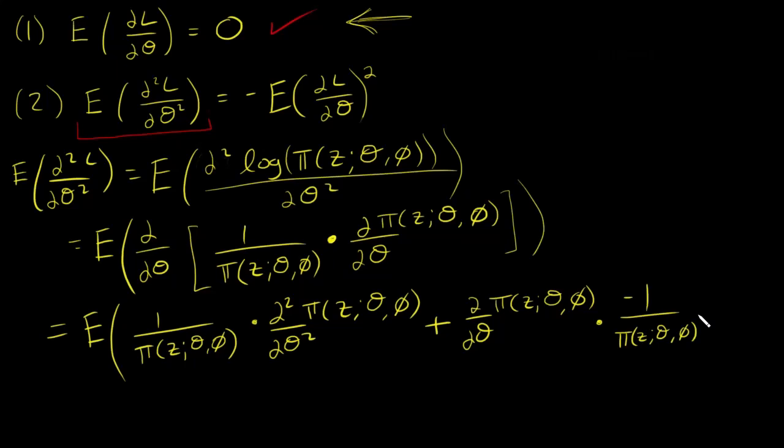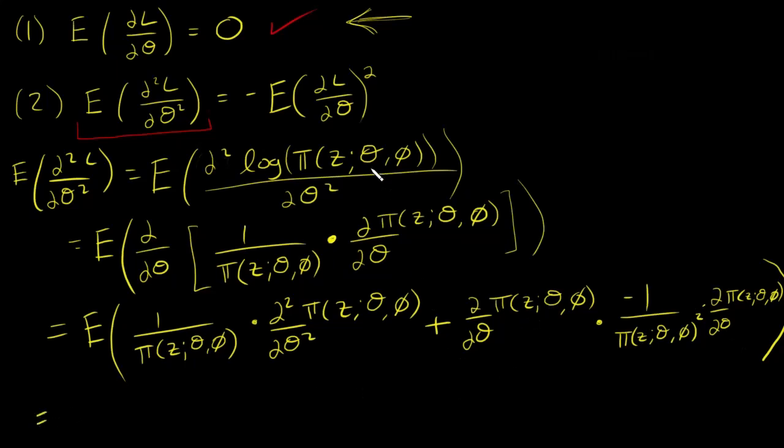And then once again, I need to use the chain rule and take the derivative of that denominator, so that times the derivative of the density function with theta and phi. I'm running out of room a little bit on my board, but okay, there we go.